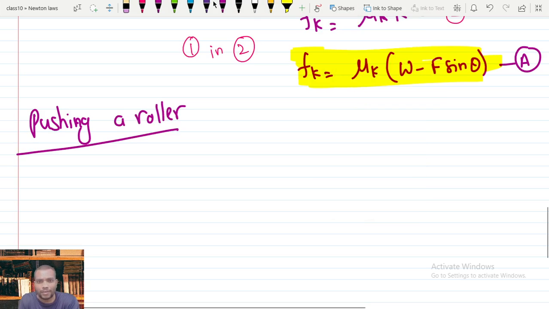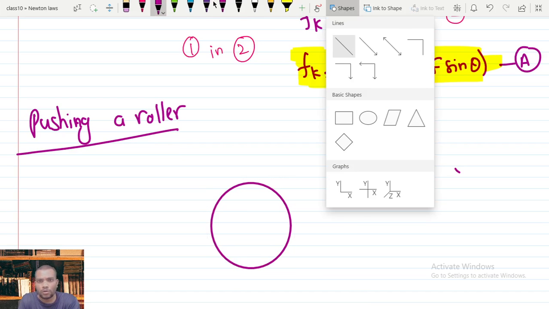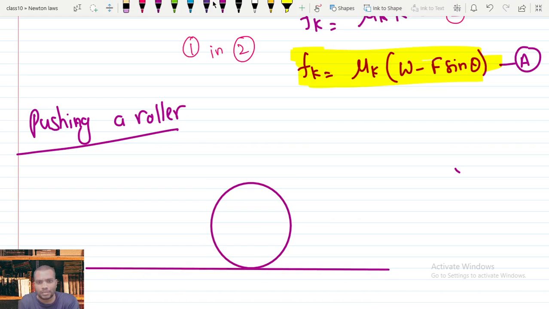If I draw a quick diagram, suppose this is a roller kept rolling on a surface. This time, I draw the handle for pushing.